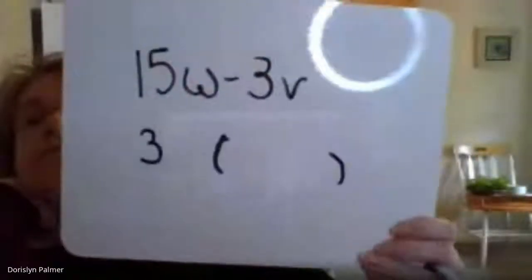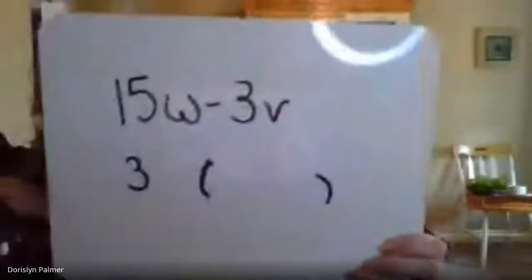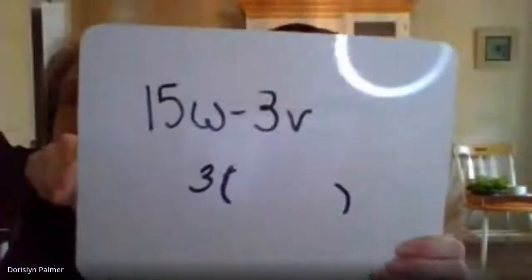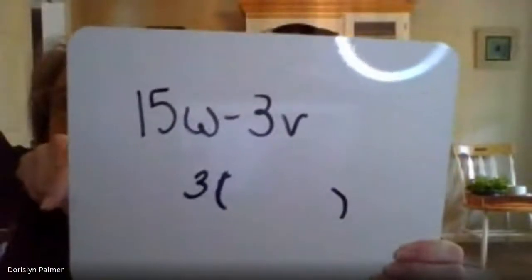All right, so I'm going to write a 3. And I like to do like the person in the video, make a set of parentheses because I know something's going to go inside. I look at my letters, a W and a V. I don't have any letters in common, so I can't pull out any letters. All right, so just the 3 that Matthew said. So then I have to say, well, 3 times what would give me 15W? Or I could do 15W divided by 3.